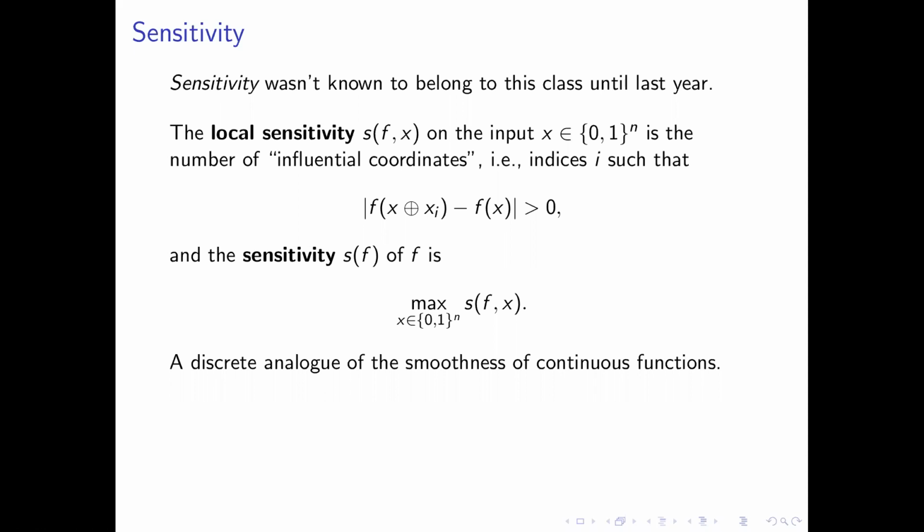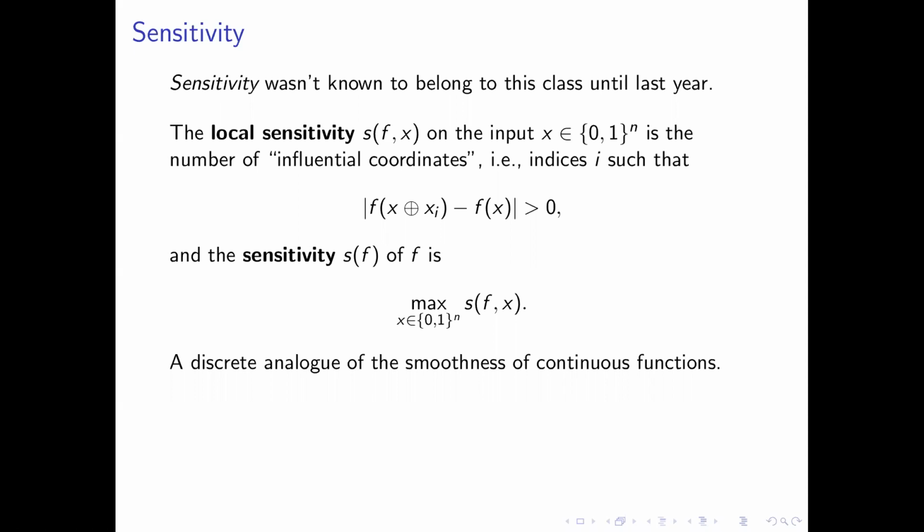So this complexity measure, you can think of as a discrete analog of smoothness for continuous functions. And I've written local sensitivity in such a way that suggests there's some way to couch this in terms of, say, a Lipschitz constant or something like that.